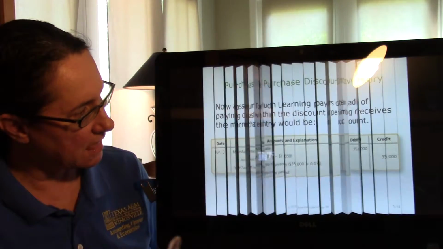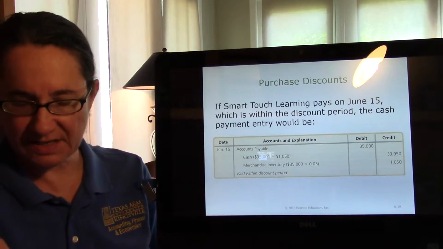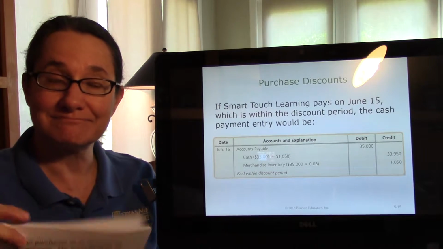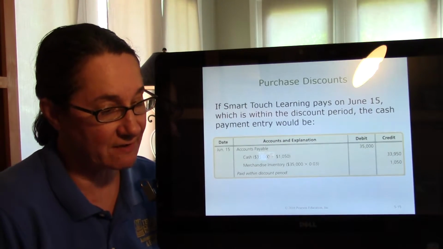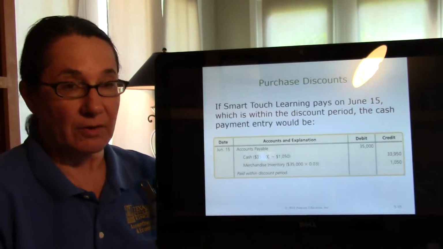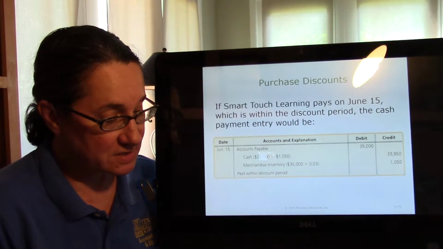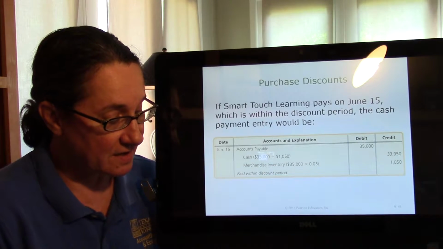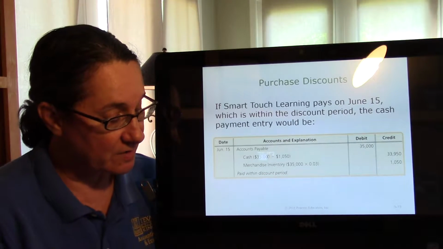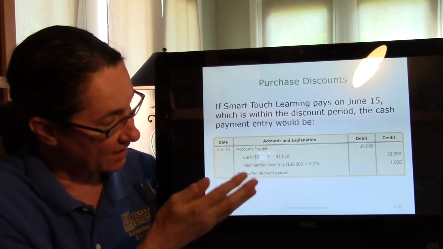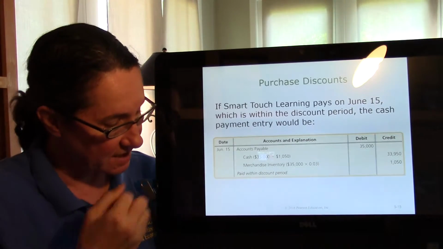So let's imagine that now we're going to pay for that, right? So we got that $35,000 worth of stuff in. We're going to pay our accounts payable. So if SmartTouch Learning pays on June 15th, which is within the discount period, we have to do an entry that accommodates that discount.